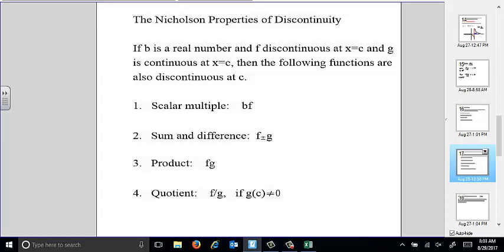If you have a discontinuous function and a continuous function, adding the two functions together doesn't remove the discontinuity. If you multiply a continuous function by a discontinuous function, the product is still going to be discontinuous at the same point that it was discontinuous when it was just one function by itself. And the same with the quotient. So I just made that up because I thought it was interesting.